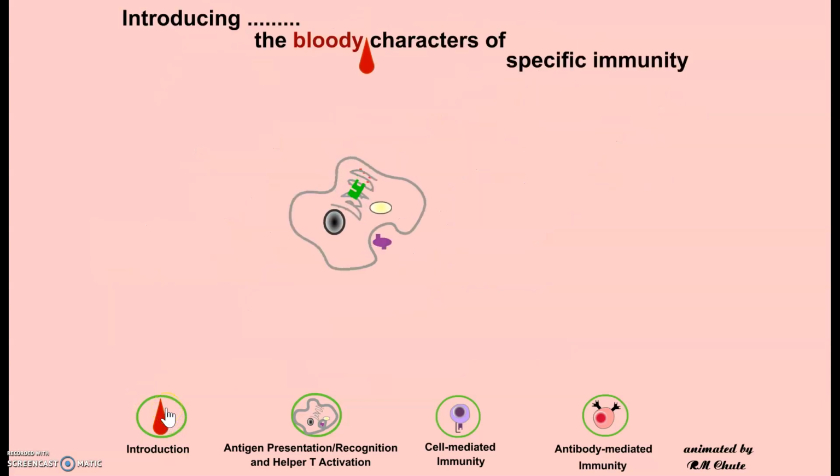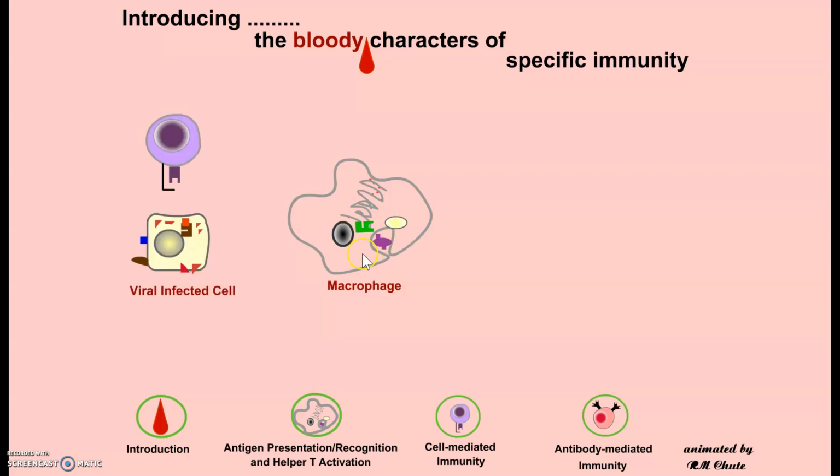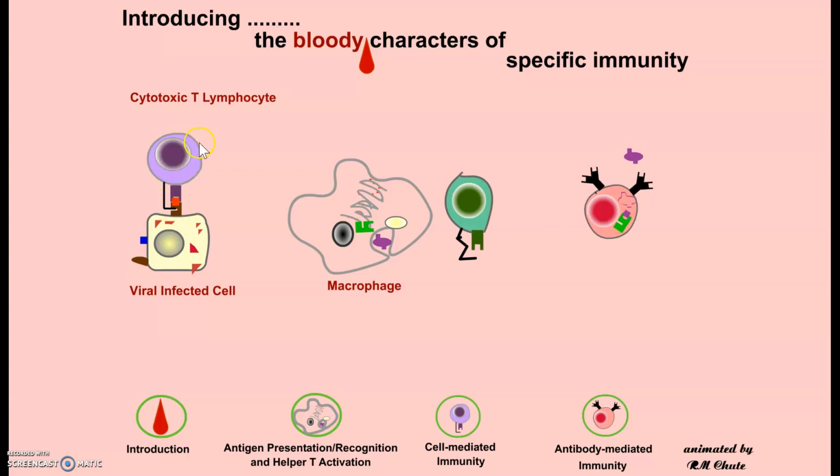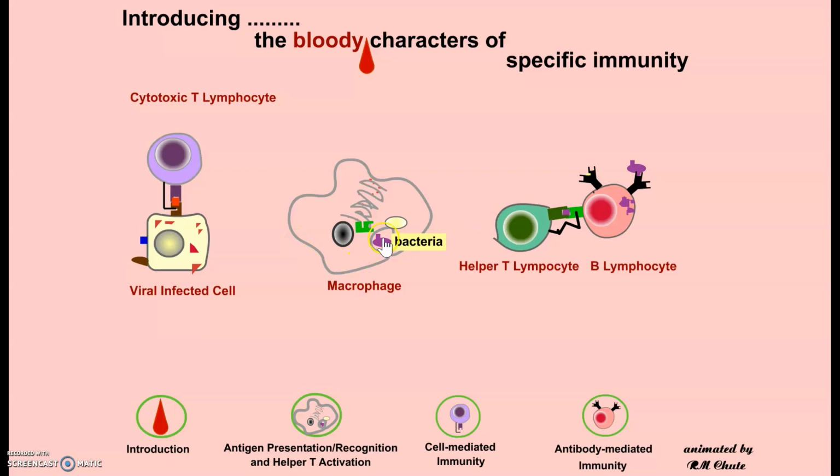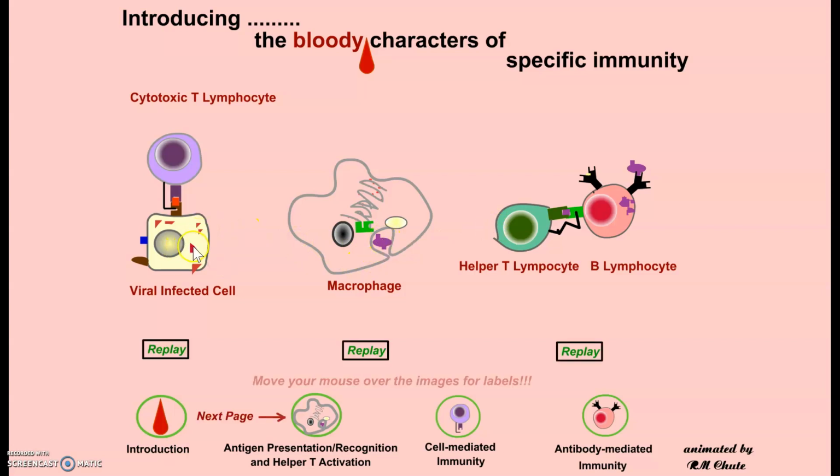Just to remind you, the key players are the macrophages that actually engulf bacteria. The viral infected cells present antigens on their surface to get those cytotoxic cells activated, and then you can also get, either by the viral infected cells, or the macrophages can stimulate the helper lymphocytes that recognize that antigen, and they in turn can get the B lymphocytes excited to make the antibodies and forever be ready to combat whether it's a particular viral antigen or bacterial antigen.